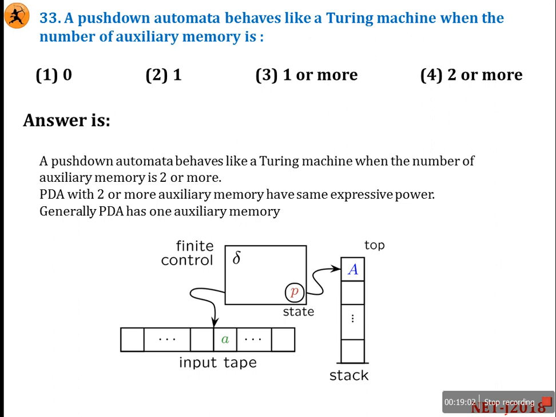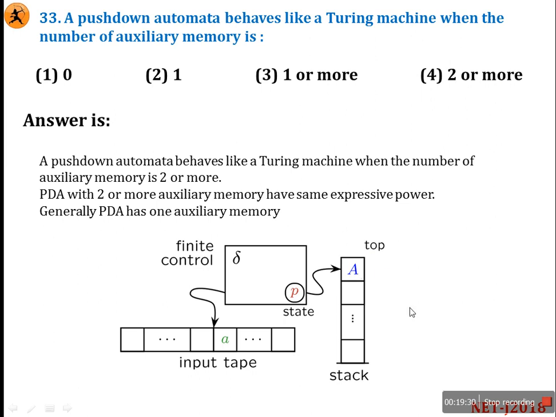Okay, that's why if it is open left and right, then obviously the machine behaves like a Turing machine. A Turing machine can read anything, there are no restrictions. That's why a Pushdown automata behaves like a Turing machine only with 2 or more auxiliary memories. With only one auxiliary memory, it is not possible for a Pushdown automata to work like a Turing machine.